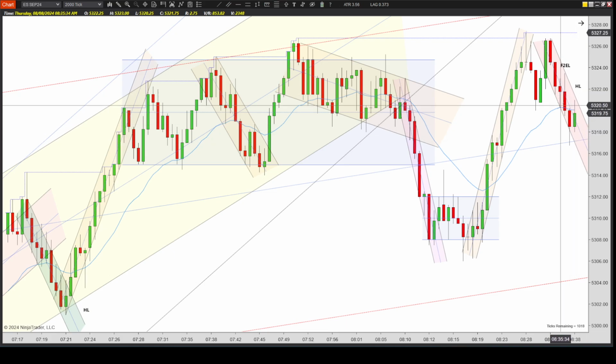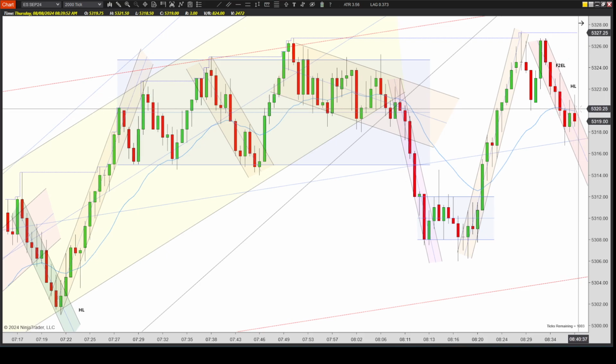But then you get this push up, and I thought this could be a potential higher low, depending on what the next candle does. Next candle actually breaks a little bit higher, but it closes below. So these three candles now are closing below the EMA. EMA is starting to show some strength. It looks like it's starting to curve over. And I thought it was a possible trade here. I'd probably put my entry one tick below this.